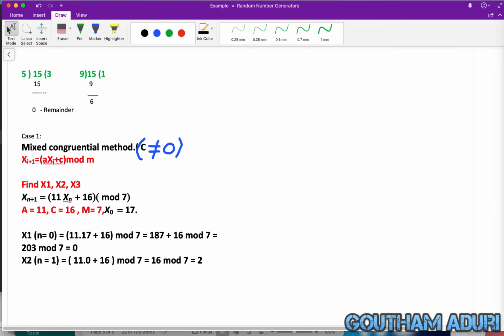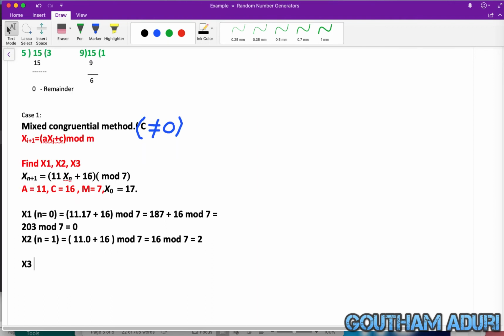Next, x3, here n equal to 2. So 11 into 2 plus 16 mod 7. It's 22 plus 16, which is 38, mod 7. Dividing by 7, 7 5s are 35, and the remainder is 3.